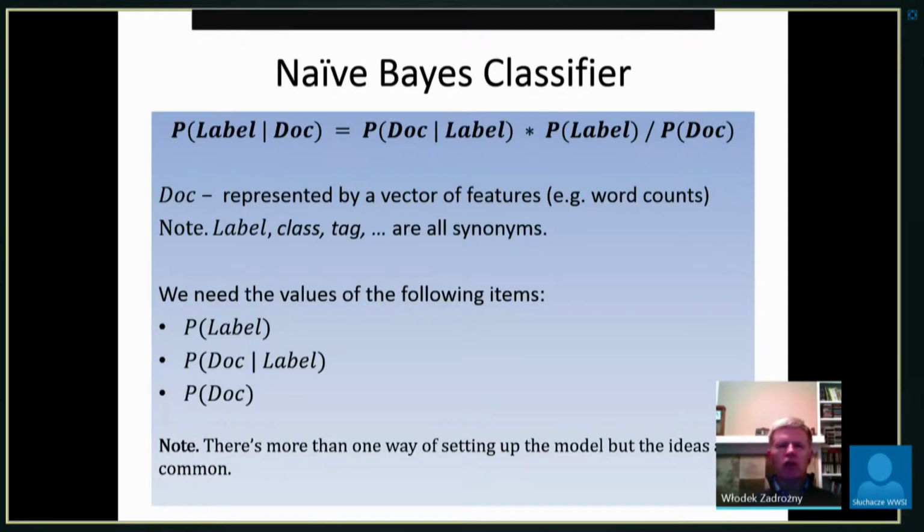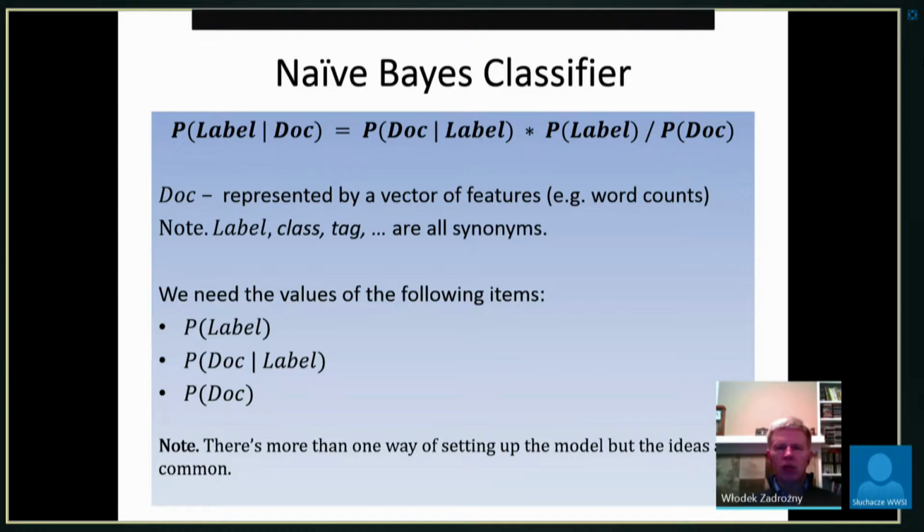So how does the naive Bayes classifier work? At the top of the slide, you can see the statement of the Bayes theorem, which talks about the probability of assigning a label to a given document. So the label can be 0 or 1, and we want to express the probability of assigning a label to a document by some prior knowledge.